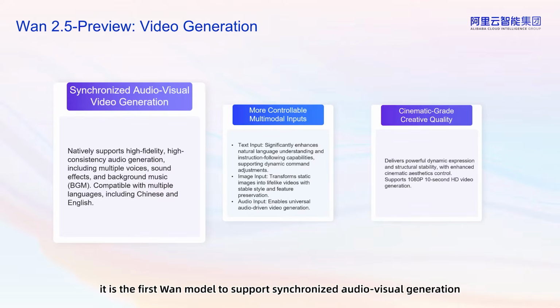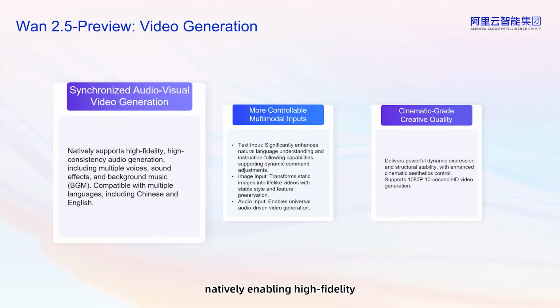First, it is the first Wan model to support synchronized audio-visual generation, natively enabling high-fidelity, high-consistency video generation. It supports single-person, multi-person, sound effects, background music, and multiple languages and dialects.